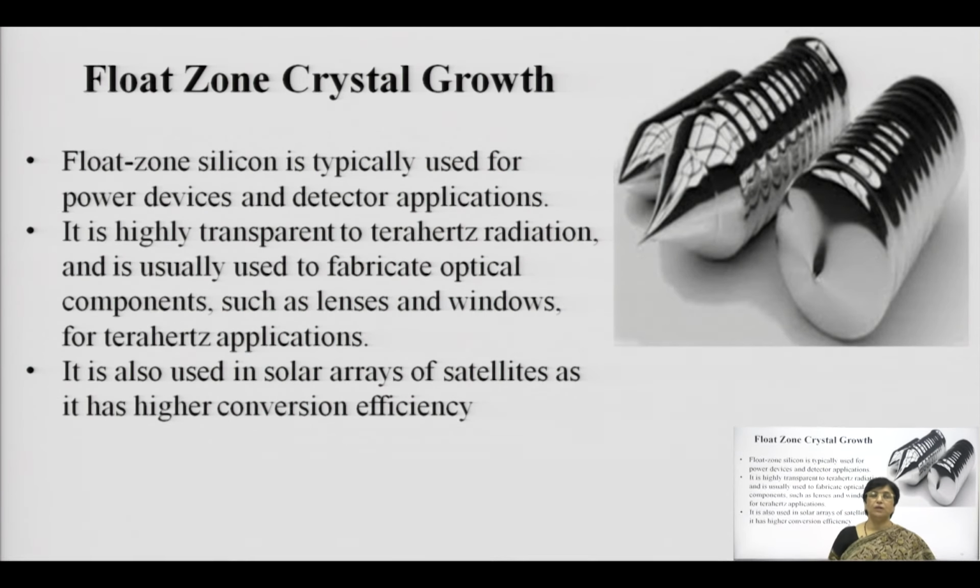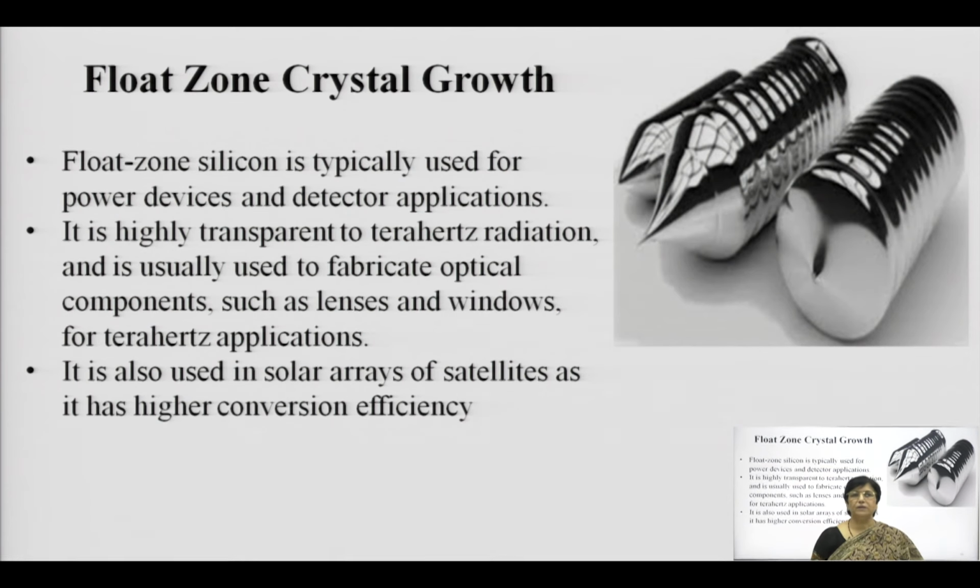The main difference between the float zone and the normal processes is that, since the area is limited, the crystal which is being formed is of high purity. The wafers which are prepared from such float zone methods find their applications in power devices and precision detector applications.